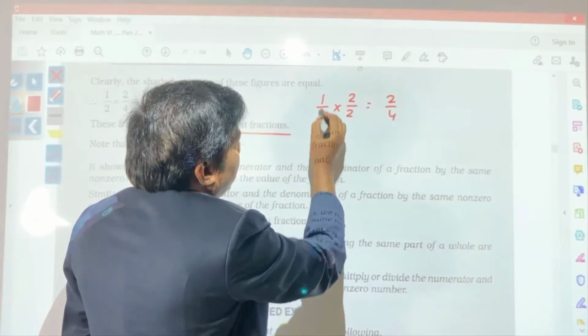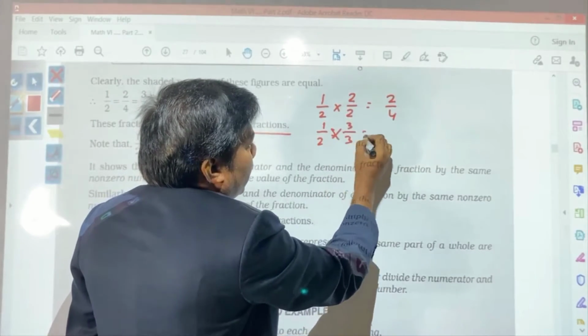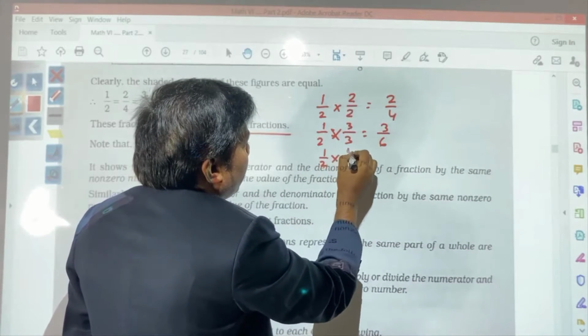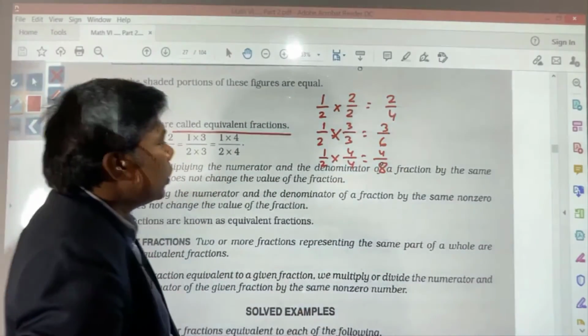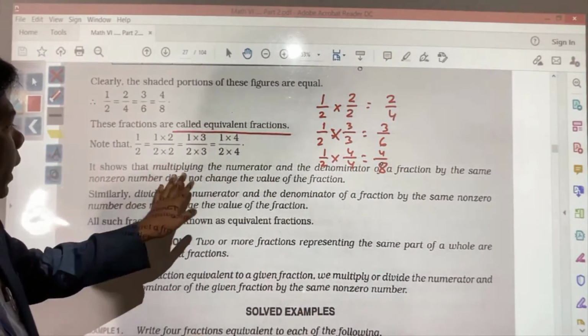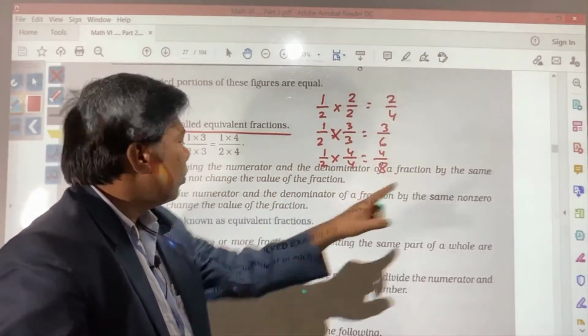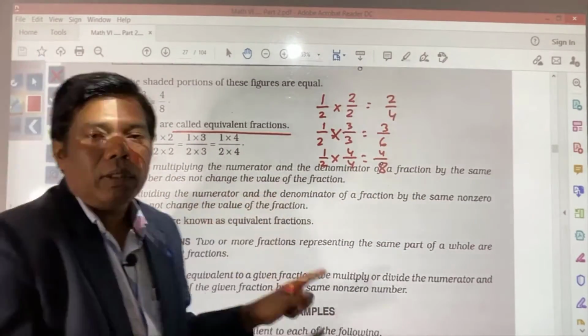When you multiply the same 1 by 2 with 3 by 3, what do you get? 3 by 6. When 1 by 2 is multiplied by 4 by 4, you get 4 by 8. So what does it show? Multiplying the numerator and the denominator by the same non-zero number does not change the value of the fraction.